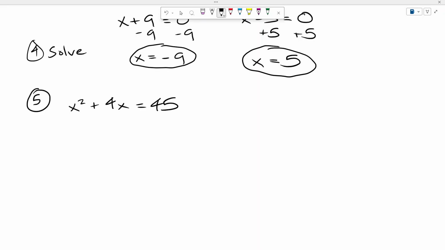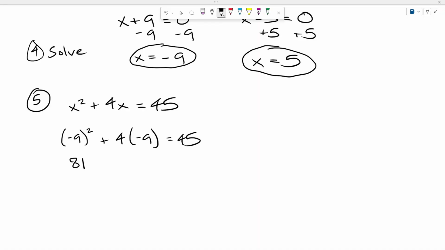If we plug in -9, that gets us -9 squared plus 4 times -9 equals 45. Well, -9 squared gets us 81, and 4 times -9 is -36.